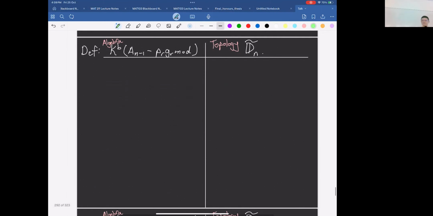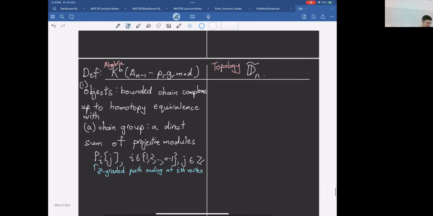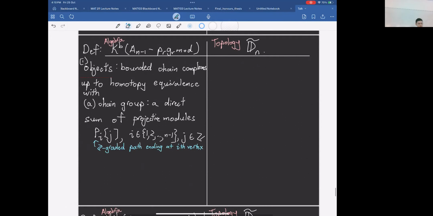So what are the objects that we're interested in, in these two spaces? On the algebra side there is a category, and in a category I should tell you two main things: objects and morphisms. Here we are interested in the bounded chain complexes up to homotopy equivalence.